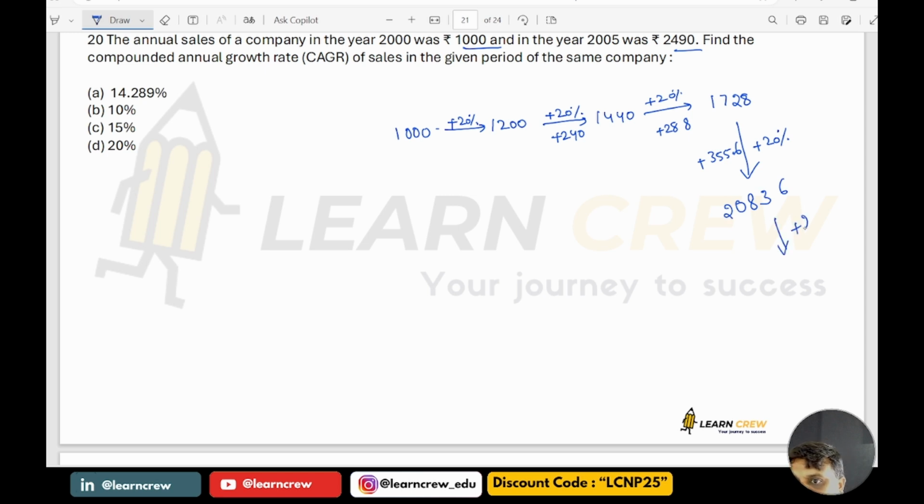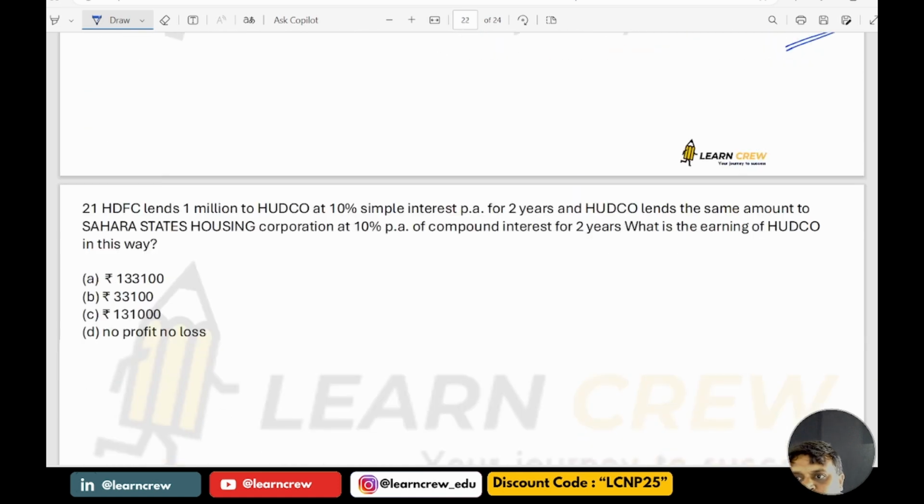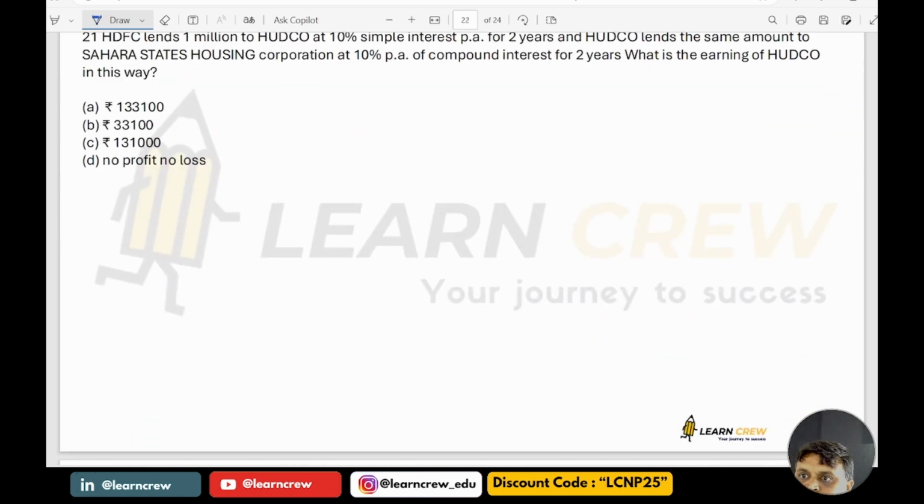On this again 20 percent is approximately how much? On 410, which is going to become 2490 approximately. So the answer is 20%. Next one.